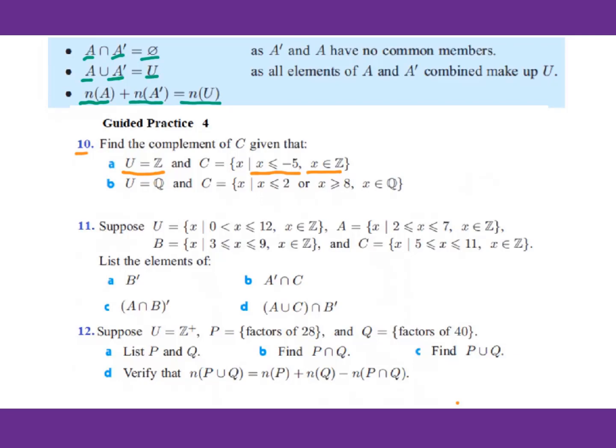Its complement C prime equals. Learn how to write down the set builder notation. So we have x greater than -5, x is an element of integers.